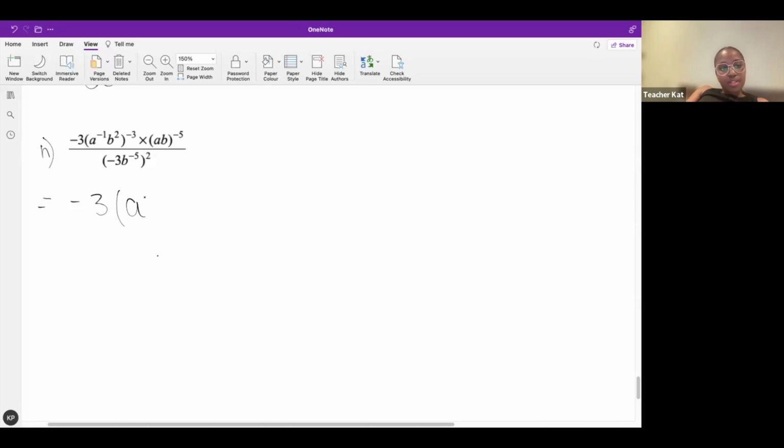So we're going to have a to the power of -1 times -3, b to the power of 2 times -3, and that is the end of the first one, times a to the power of 1 times -5, same with b to the power of 1 times -5. That is my numerator all done.